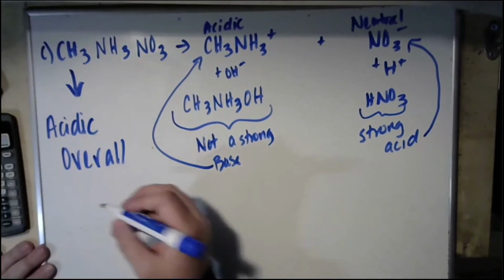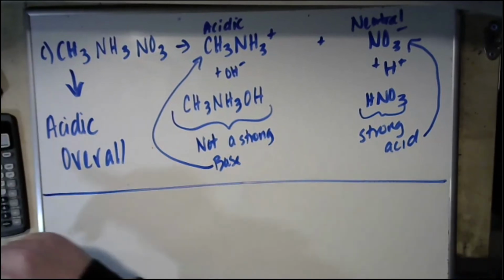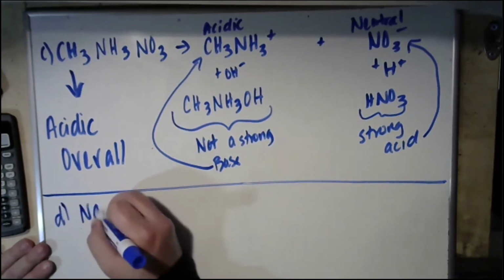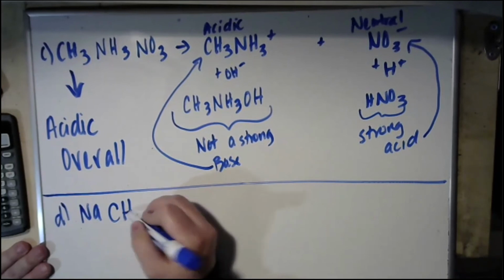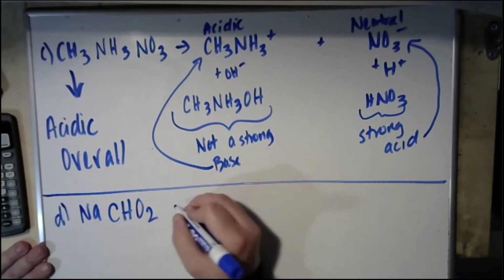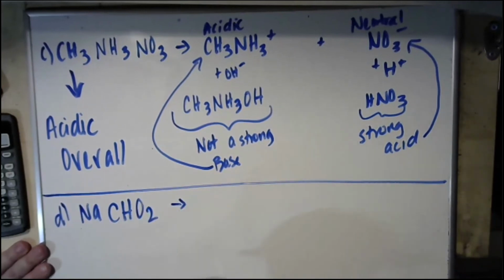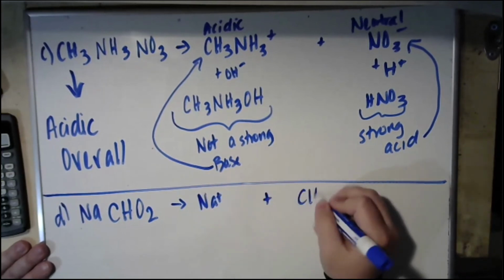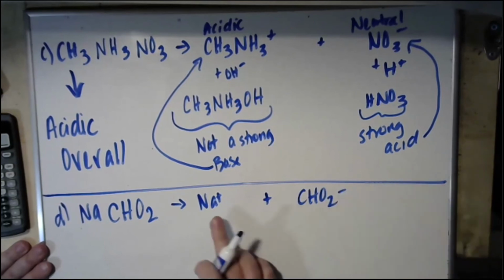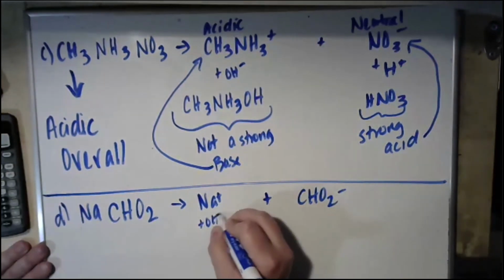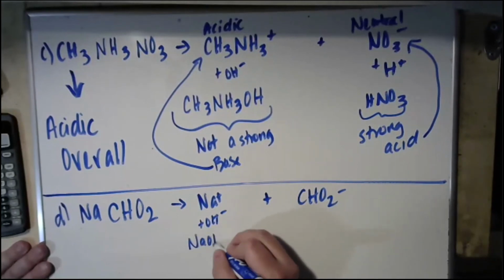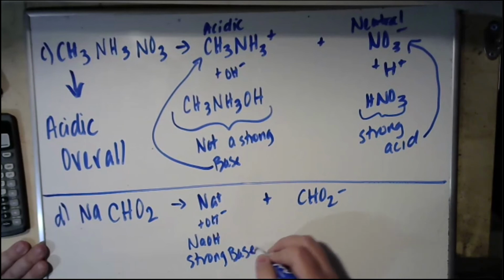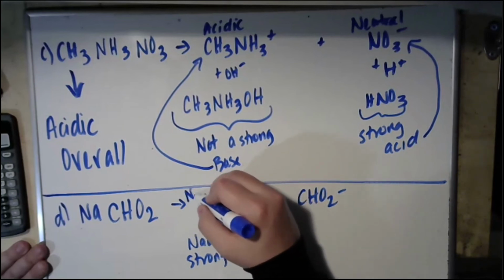Okay, let's look at the next one. We have NaCHO2. This is going to form sodium ions and a CHO2 minus ion. If I add OH minus here, I'm going to get NaOH. That's a strong base. That means that my sodium is going to be neutral.